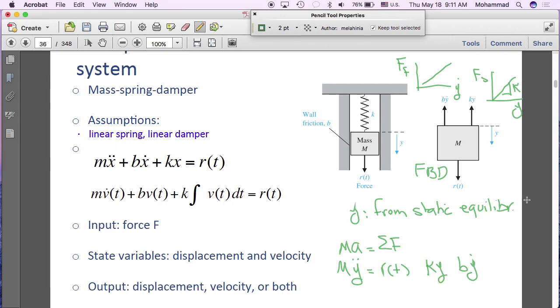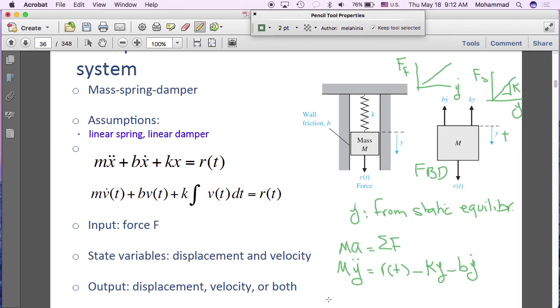When we drew the free body diagram, we assumed this is y positive. That's the meaning of that arrow with the motion variable. So we're saying this is the positive direction. Anything, including forces, that happens in the positive direction would be treated as positive. Anything in the opposite direction would be treated as negative. So bear that in mind. R(t) is positive, the other two are negative.